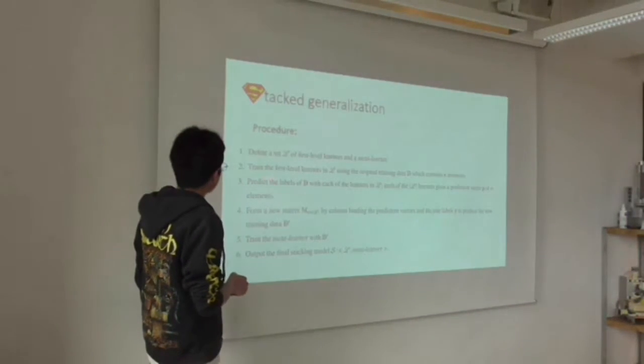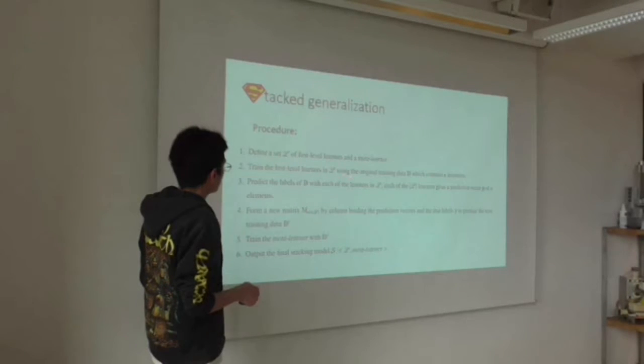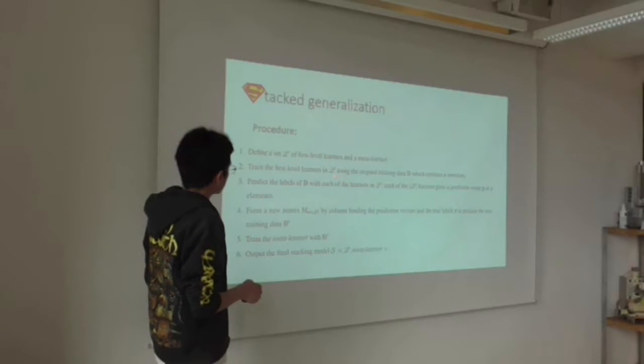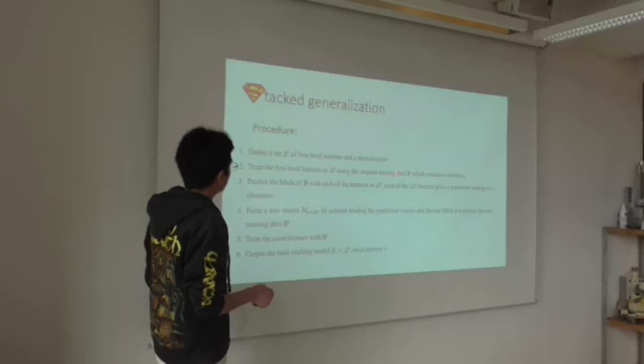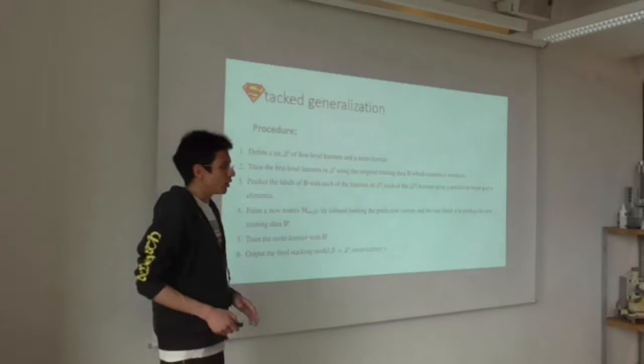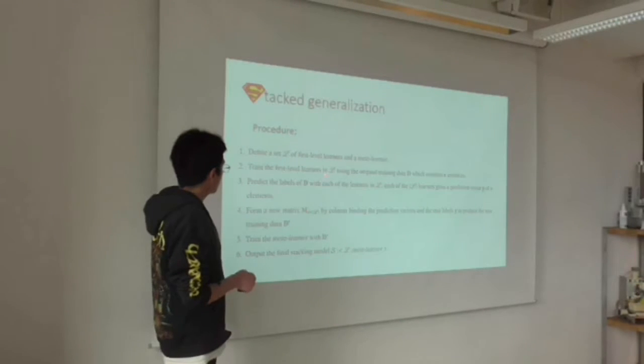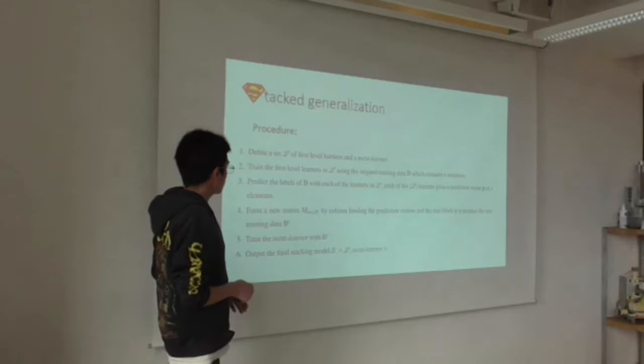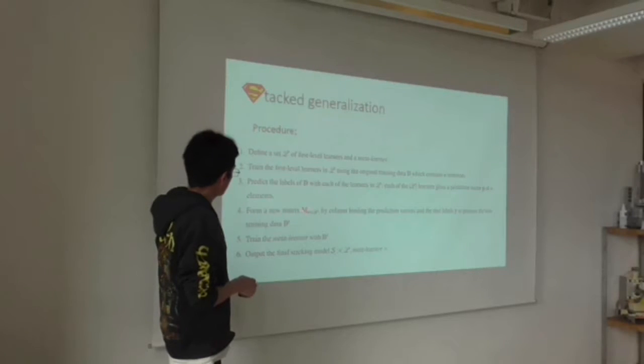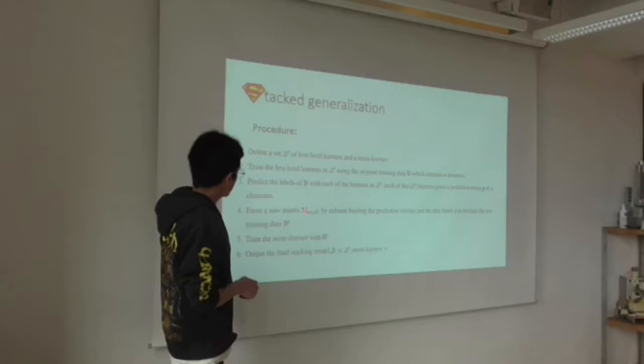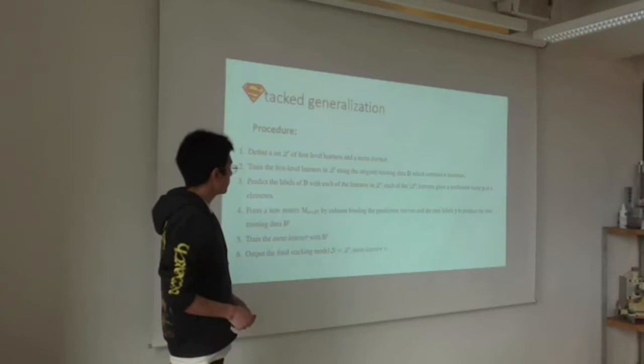Then you can use a data set D to train these first-level learners, and then you can predict labels for that data set using those first-level learners. You just stack those predictions to create our matrix M. And by using this matrix, then you can train the meta learner.